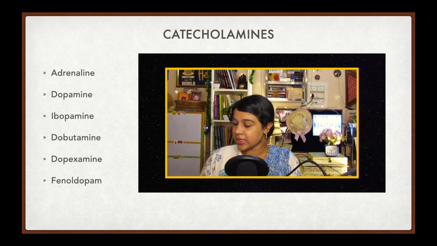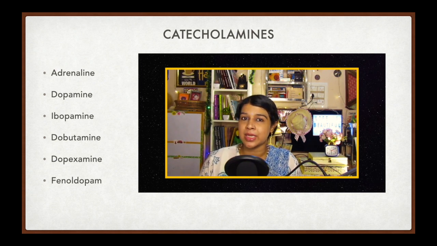Dobutamine. It is a relatively selective beta-1 agonist and it has no action on dopamine receptors. What is the use? It increases the cardiac output and has very little action on the heart rate. What about dopexamine? Dopexamine combines beta-2 and D1 agonistic activity, and there is also a noradrenaline reuptake inhibitory action.